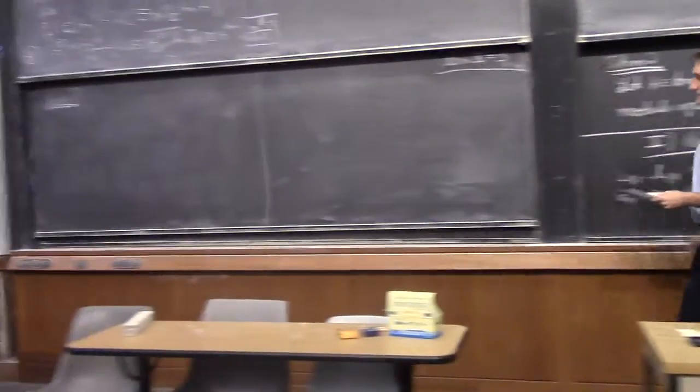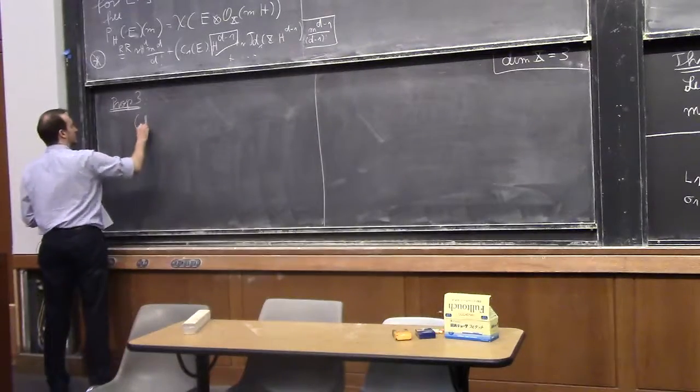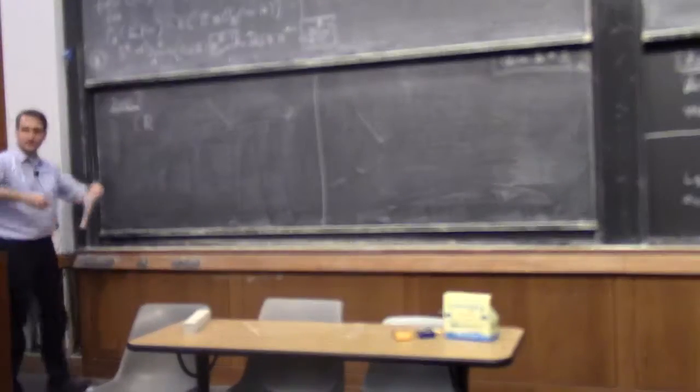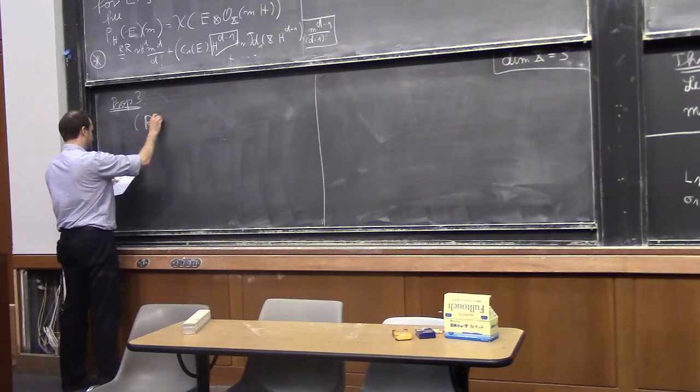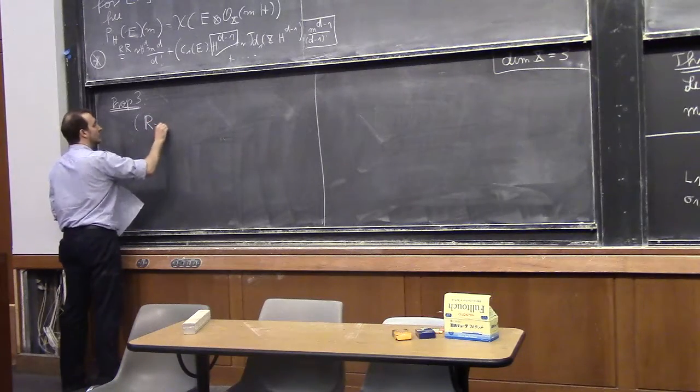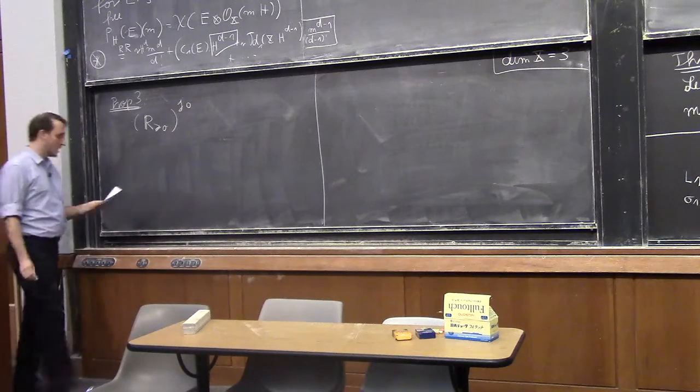And if you look at the variation in this setup, as said, I consider the L's to be fixed and the sigma to vary. So I look at R bigger than 0 to the J naught copies.